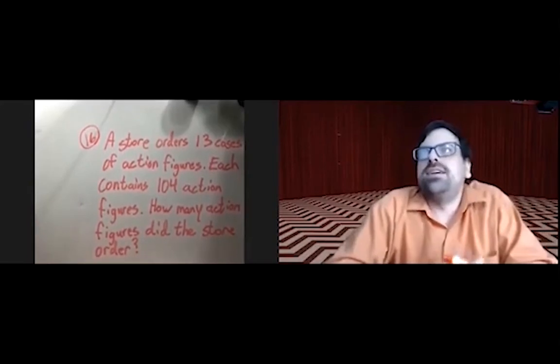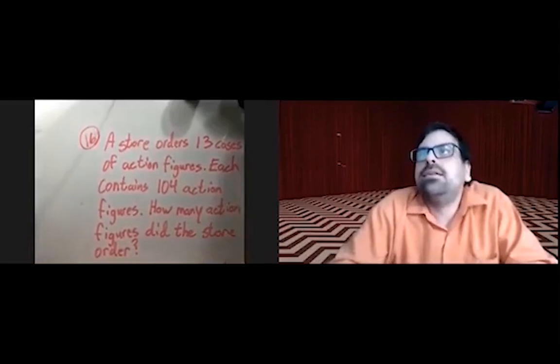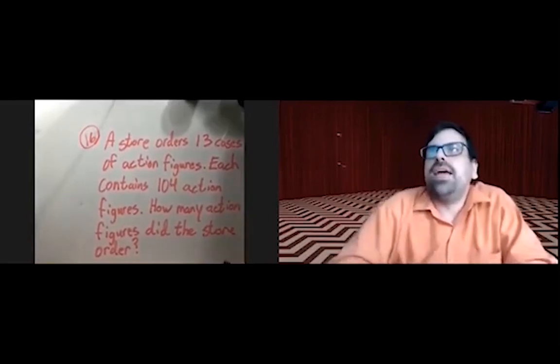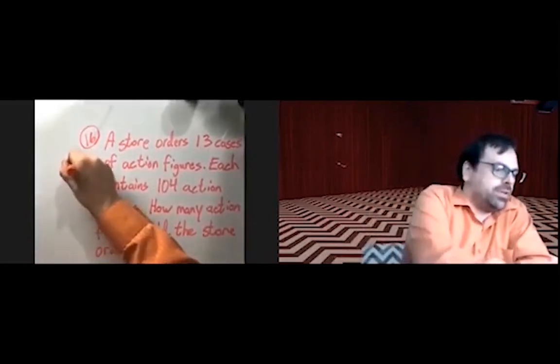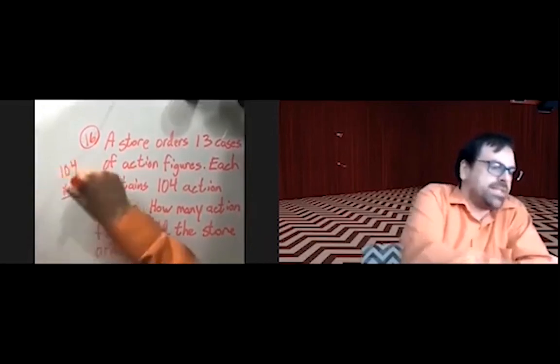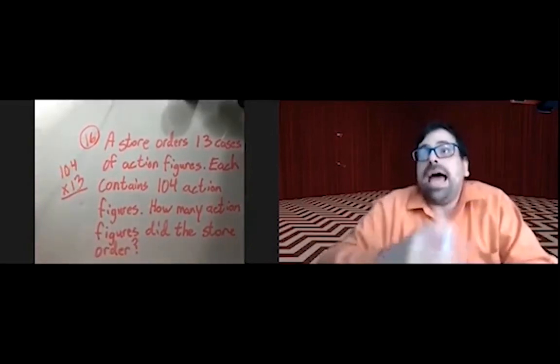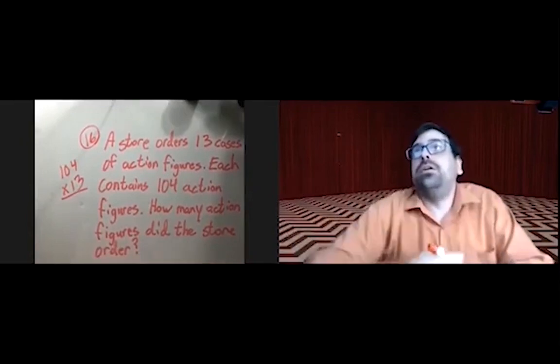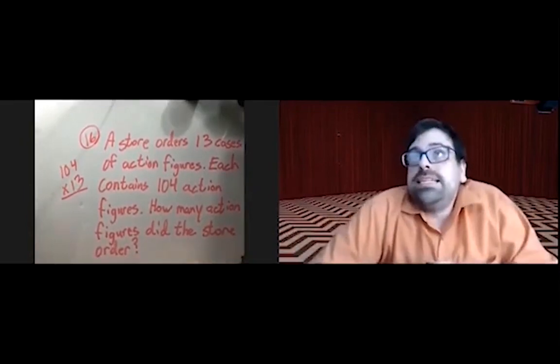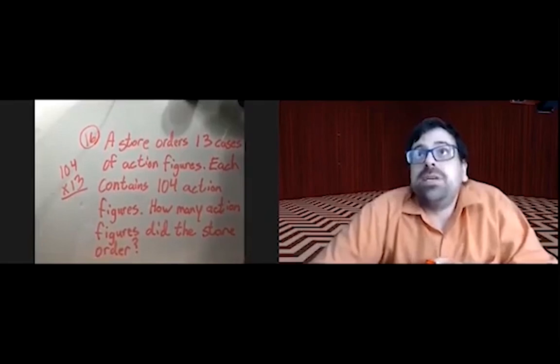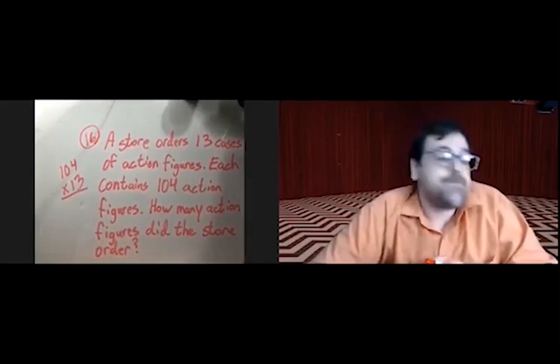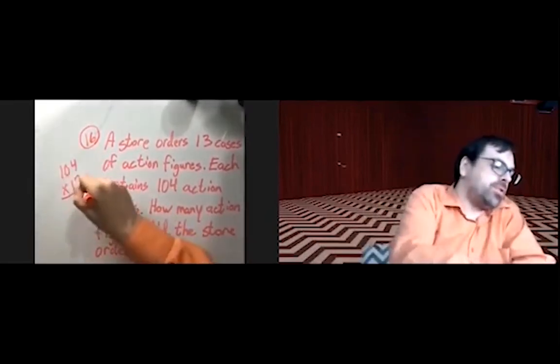Because if each box has 104 action figures and there's 13 boxes, cases, then that's 104 13 times. We'd be adding up 104 a total of 13 times. That's repeated addition. That's multiplication. 3 times 4 is 12.